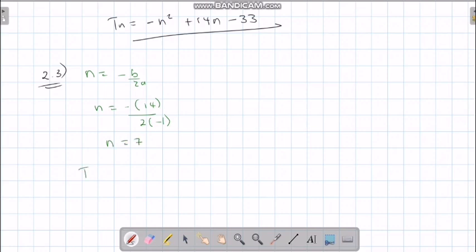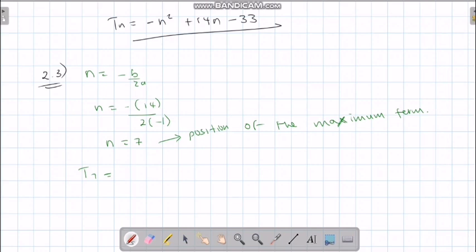Now let's look for term number 7, because this is the position of the maximum term, or the maximum value in this pattern.